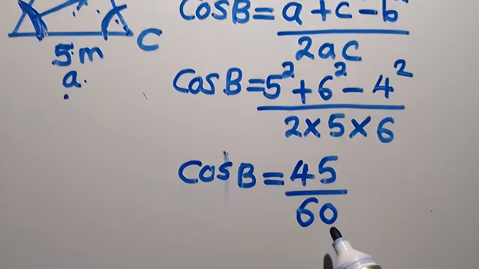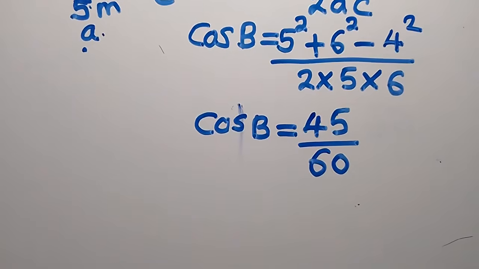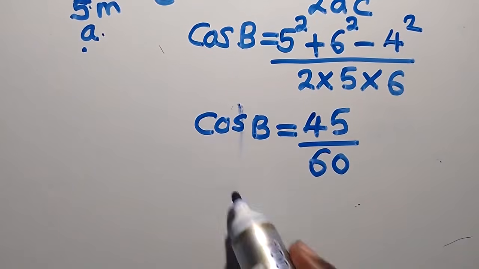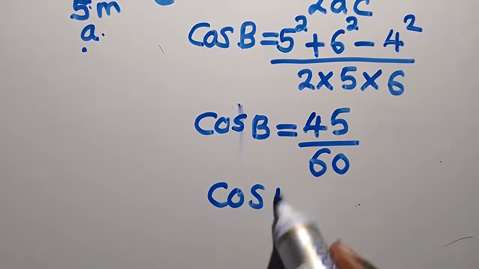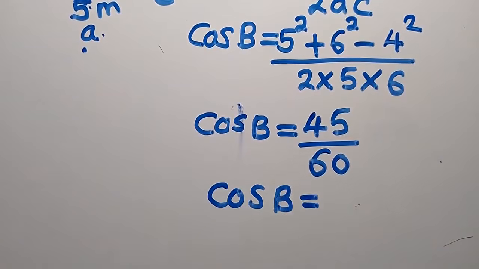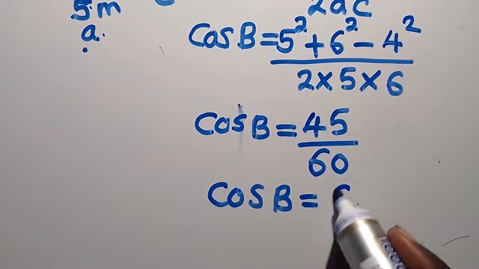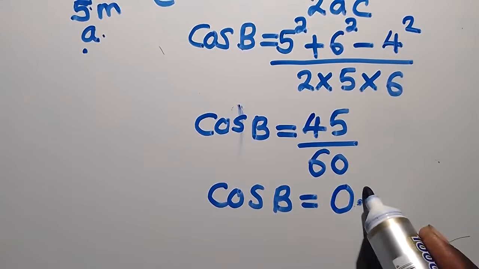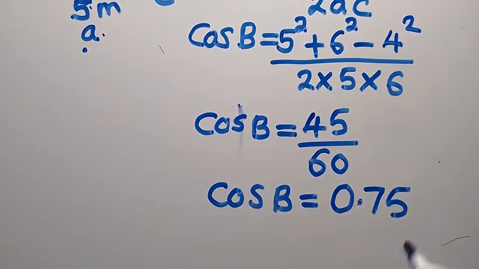Follow me properly on what I'm doing. From here now, you say cos B is equal to 45 divided by 60. What are you going to get? You are going to get 0.75. This is the answer that you are going to get.